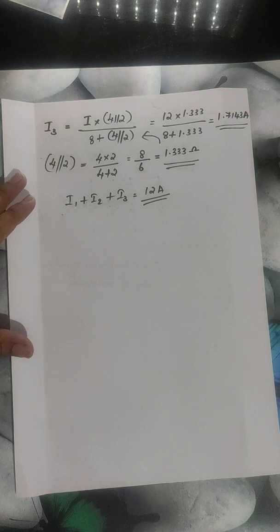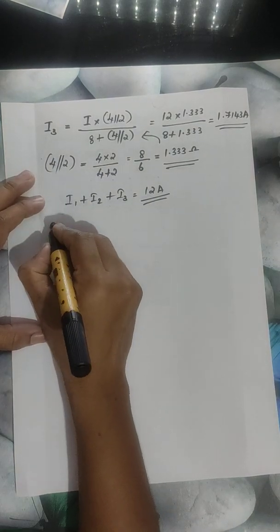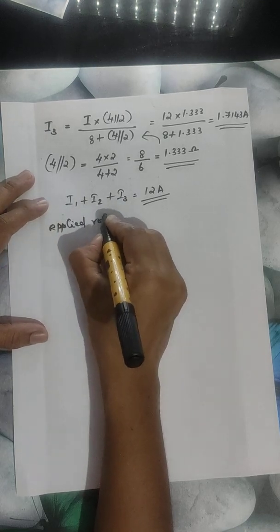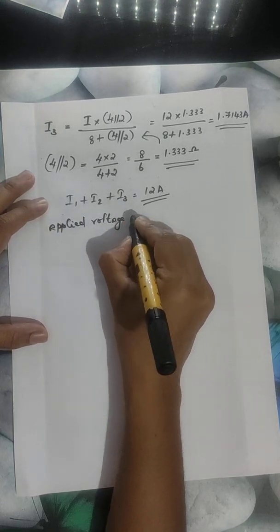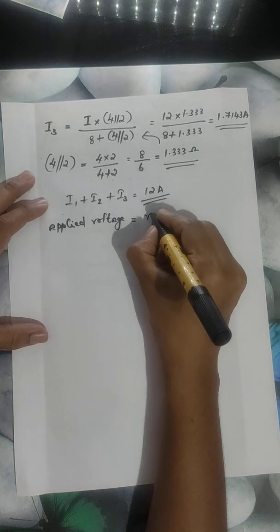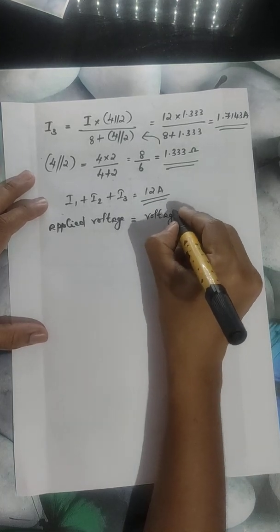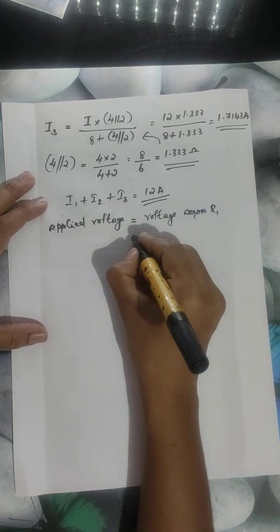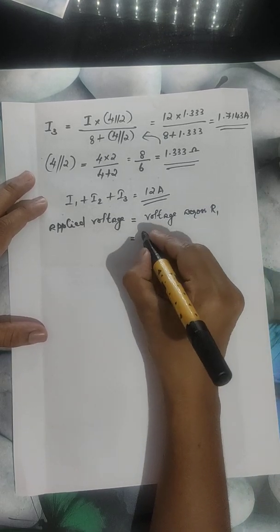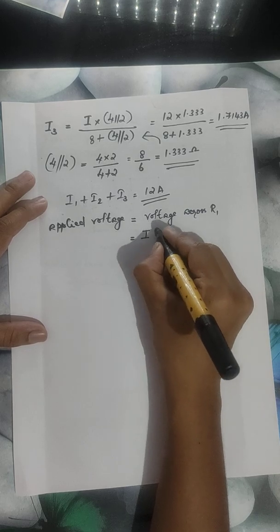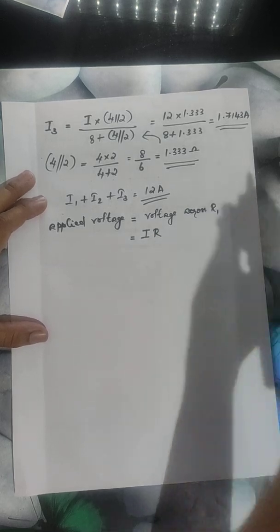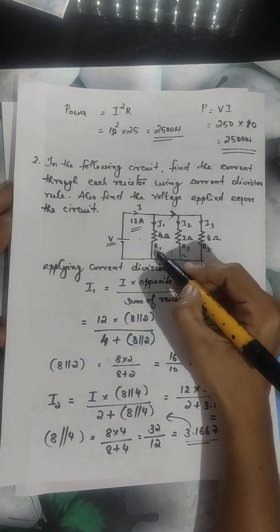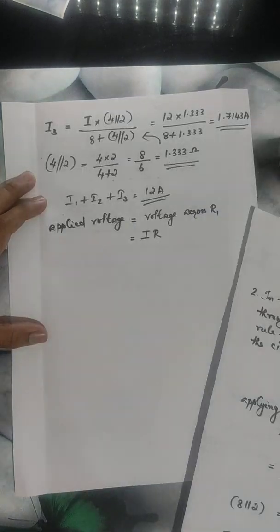So we can write applied voltage equals voltage across R1, which is, according to Ohm's law, V is equal to IR, and voltage across R1 is current through R1 into resistance, that is I1 into R1.